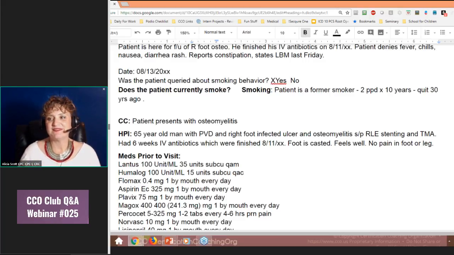RLE, very good. Stephanie, Whitney, you guys are on the ball. Right lower extremity, RLE. Left lower extremity would be LLE, right? Right upper extremity would be RUE in the same way.